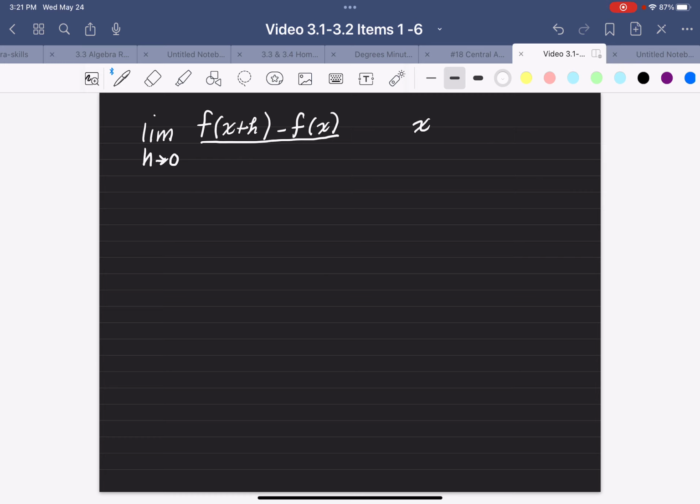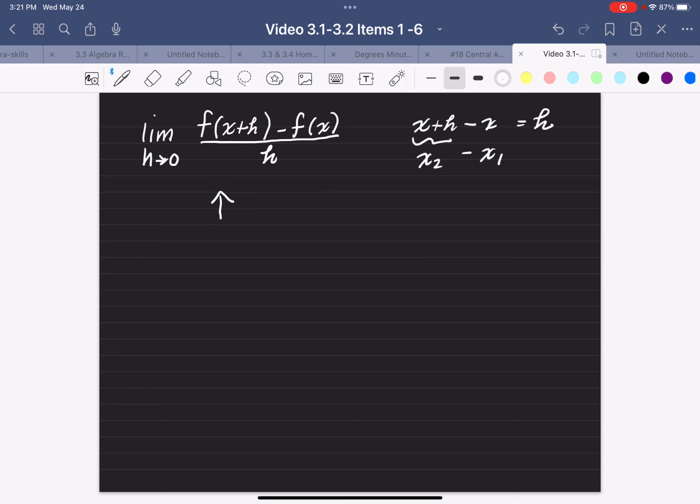Look, x plus h minus x would be x2 minus x1. Well, that's just going to be h, so in our denominator we just put an h.